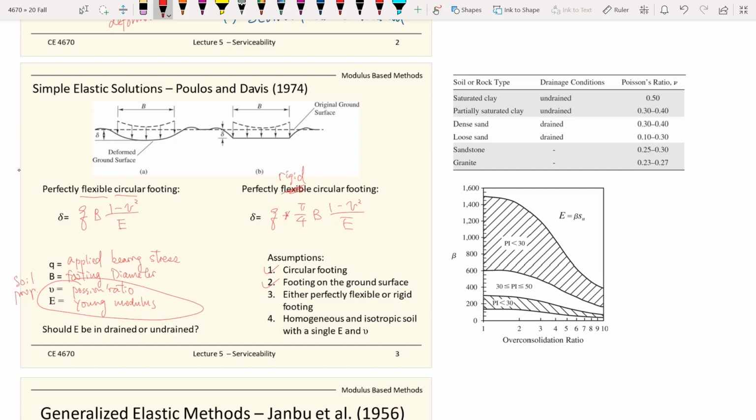So if it is perfectly flexible, you use the formula on the left, and if it is rigid, then you use the formula on the right. And also, we assume the soil is isotropic, which means you only have one soil layer, and it gives you a single modulus and also a Poisson ratio value.